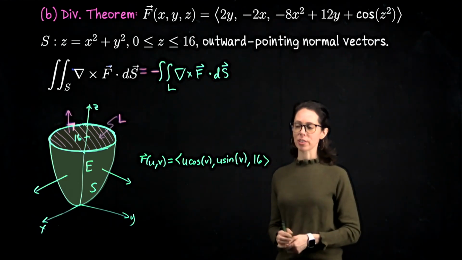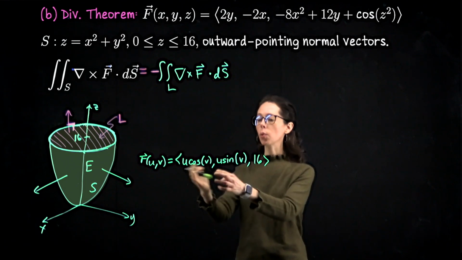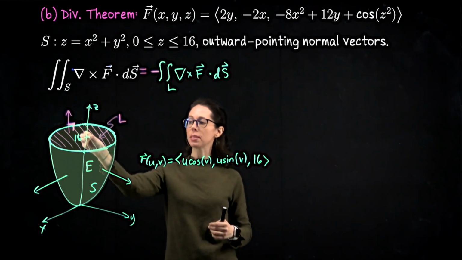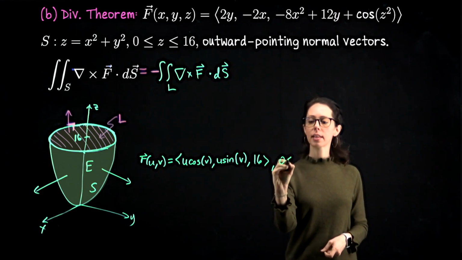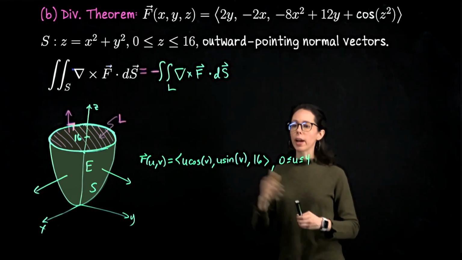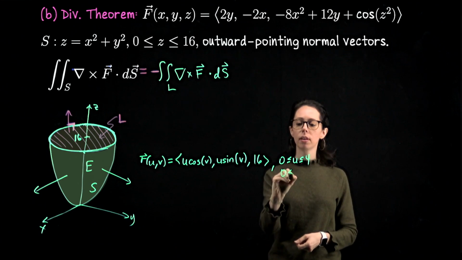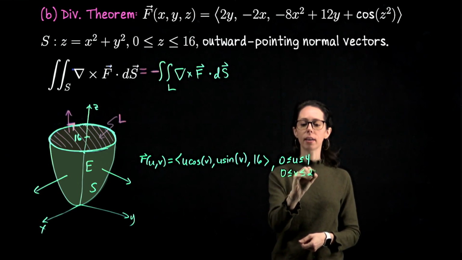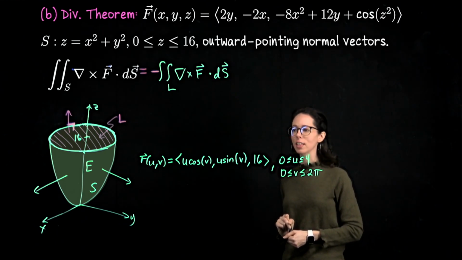So in this parameterization, u represents the radial coordinate, and that is going to expand from 0, which gets us on the z-axis, out to 4. So 0 is less than or equal to u is less than or equal to 4. And then we need to go all the way around. So the angular component, which I'm calling v here, is going to go from the standard 0 to 2 pi. Okay, so that's the parameterization for the solid disk.